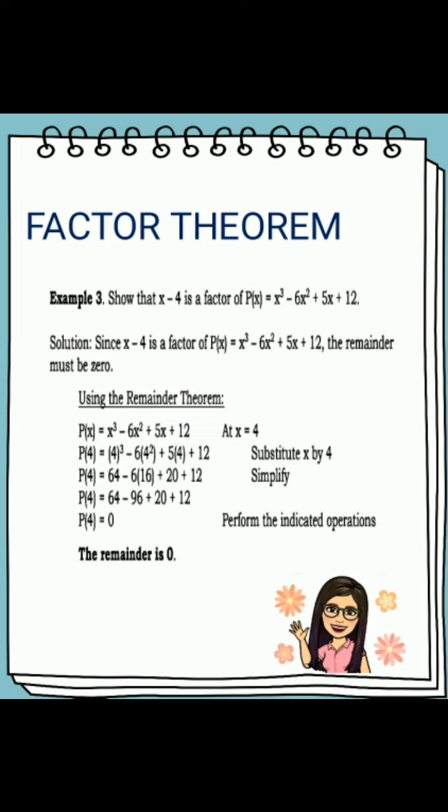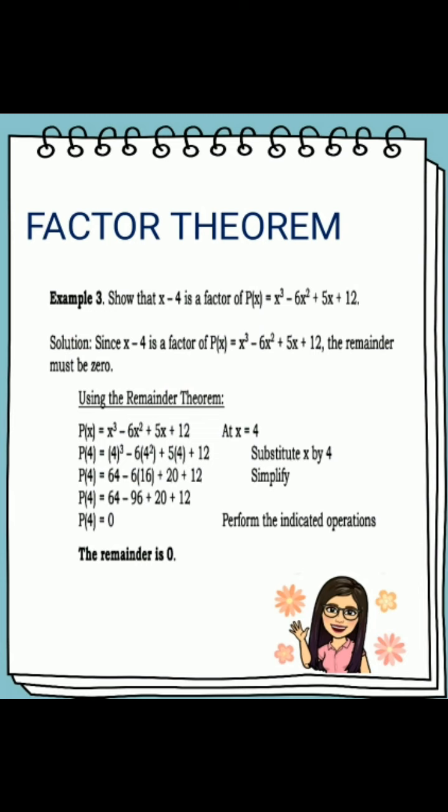Then we have p of 4 is equal to 4 raised to 3. Ibig sabihin 4 times 4, 16 times 4 is 64. Imumultiply yung 4 sa sarili niya ng 3 beses. Then, minus 6 times 4 squared is 16, so we have minus 96. Plus 5 times 4 is 20.